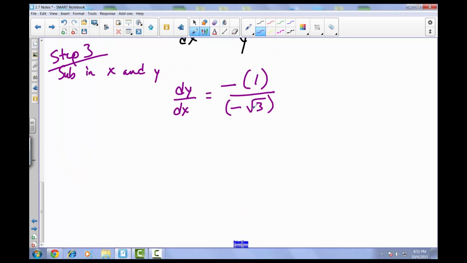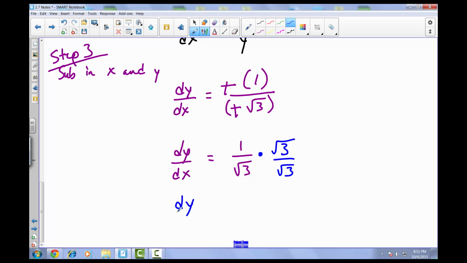Now, simplifying this a little bit, we see that our tangent slope comes out to be negative divided by a negative, which is a positive, so it looks like 1 over root 3. Rationalizing this, you would do a little bit of foo, so root 3 over root 3. So then our derivative of y with respect to x comes out to be the square root of 3 over 3.